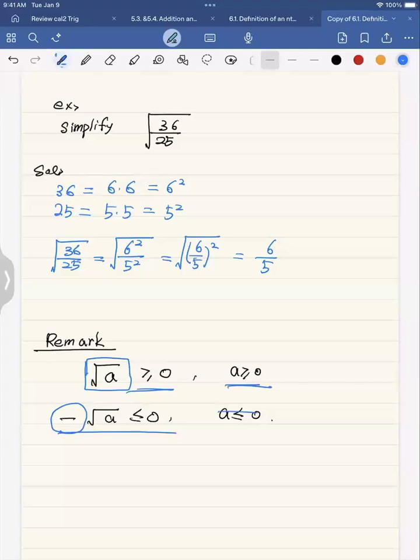And a is always positive when that's written under the square root.